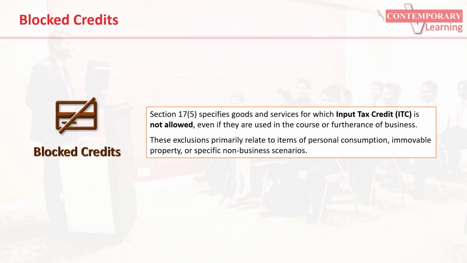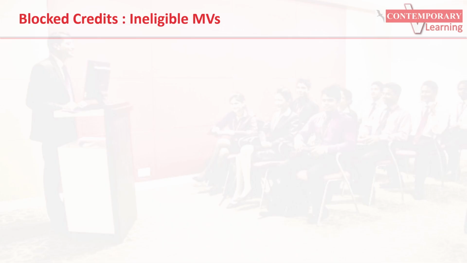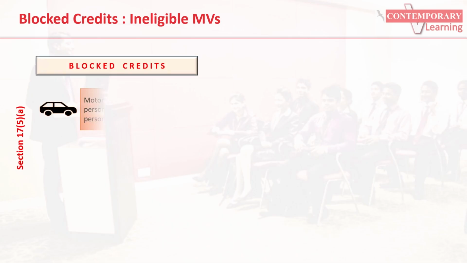through tax credits. Understanding blocked credits is crucial because many businesses inadvertently claim ITC on these items, leading to complications during audits and assessments. Let's start with one of the most encountered blocked credits: motor vehicles.